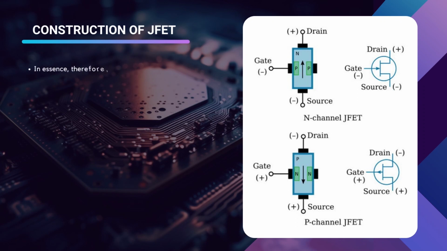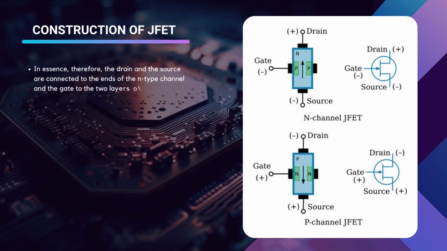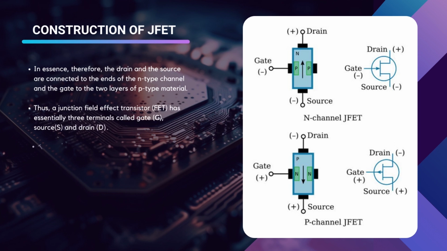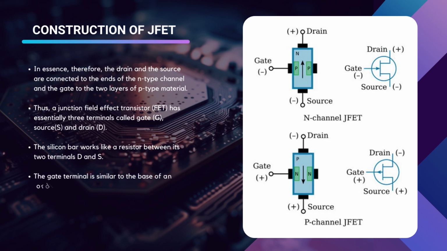In essence, therefore, the drain and the source are connected to the two ends of the n-type channel and the gate consists of two layers of p-type material. Thus, a junction field effect transistor has essentially three terminals called the gate, source and drain.